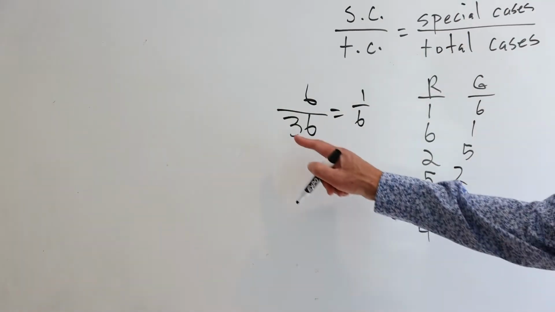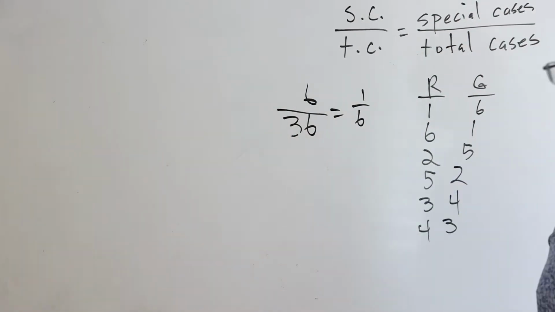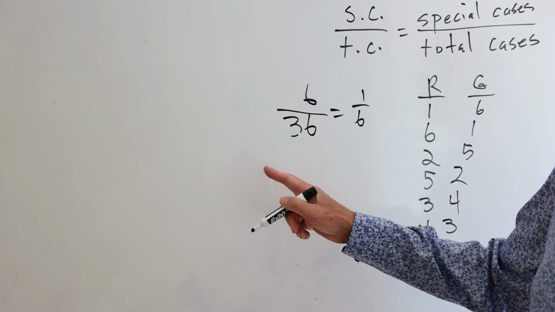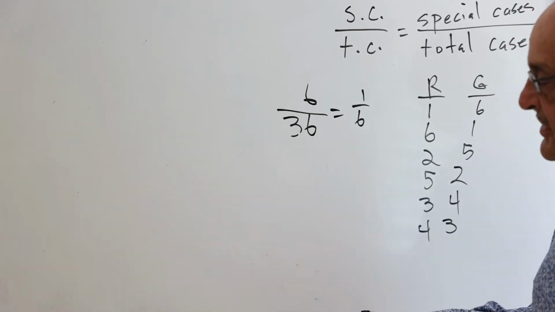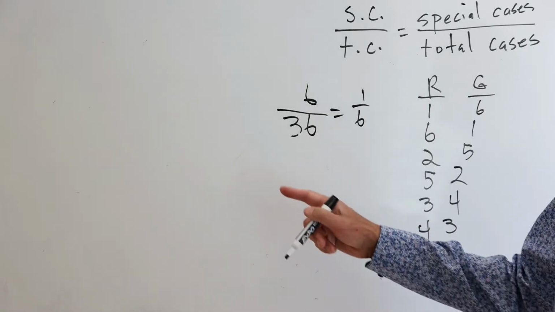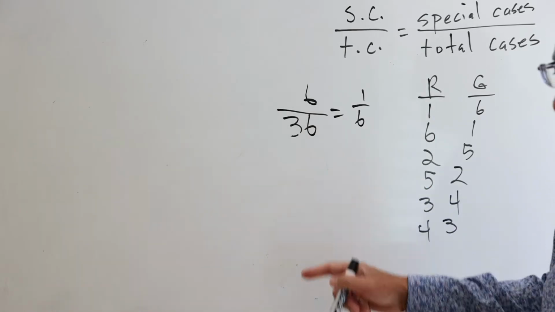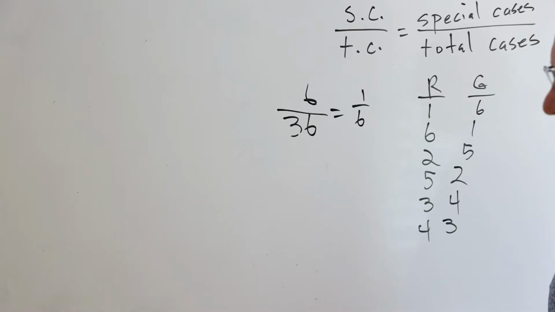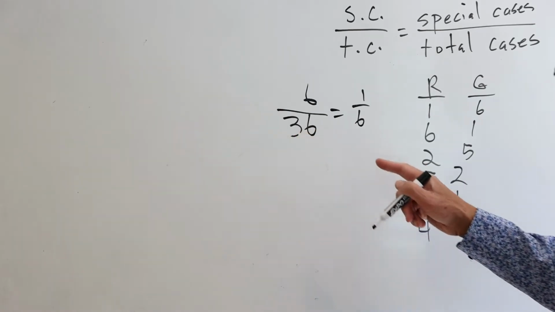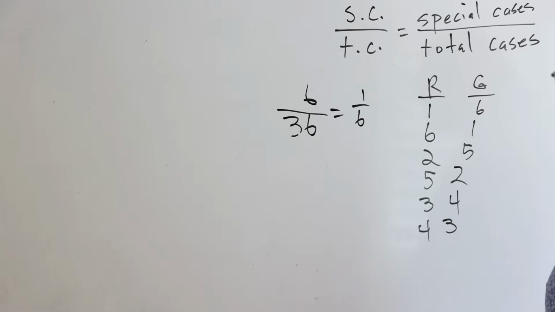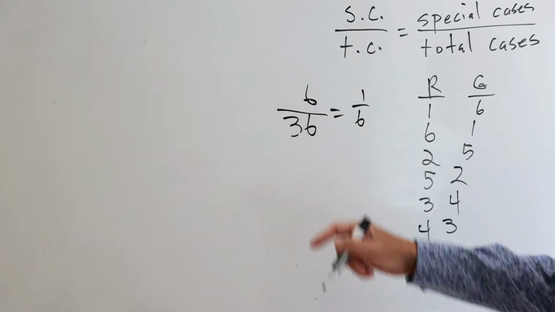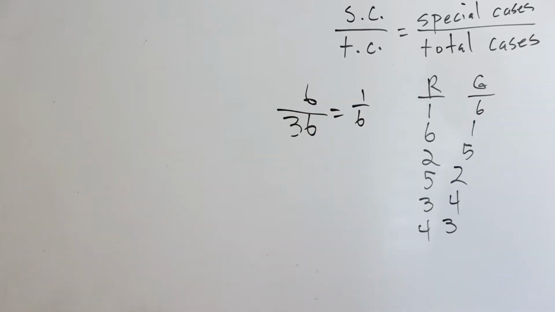The total cases is 36, and we're using the multiplication principle. If there's 6 things that can happen with one die, and there's 6 things that can happen with the other die, and what happens with one die is not dependent on what happens on the other, then you just multiply 6 times 6. So 36 is the total number of different things that happen when you roll 2 dice. And 6 is the number of rolls that give you a 7. And that reduces to 1/6. So you have 1 chance in 6 of rolling a 7 when you roll 2 dice.